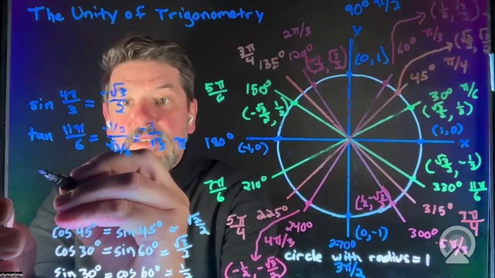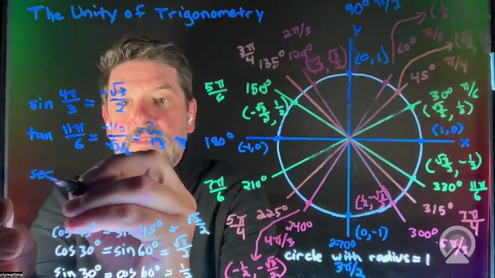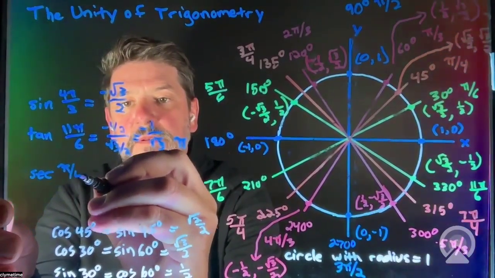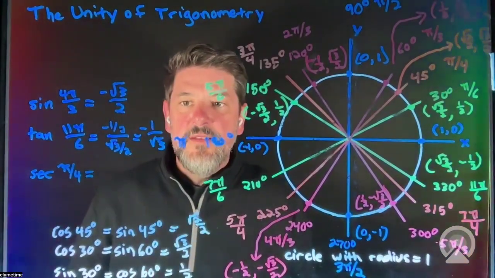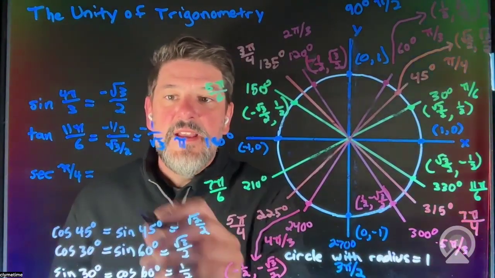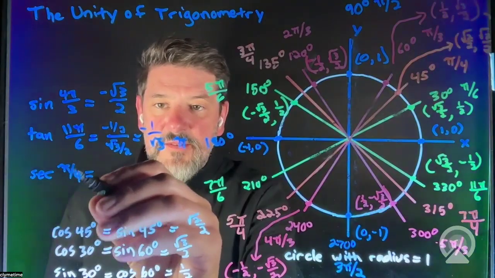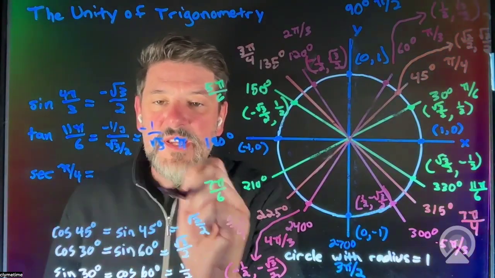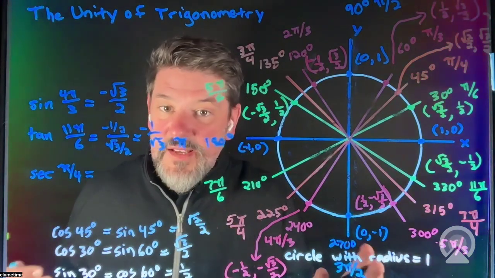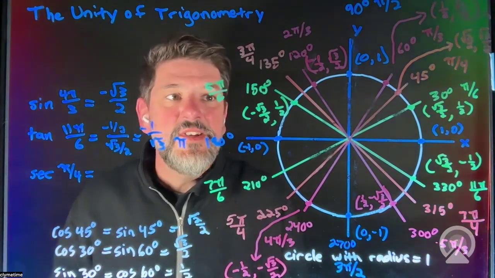What about the secant? Let's do the secant of, let's say, pi over 4. Well, secant, again, just like any of the other trig functions, the secant is a fixed angle on a right triangle, and therefore we're looking at the ratio of two sides, and while the side lengths themselves can be different, the ratio of those two sides cannot change.